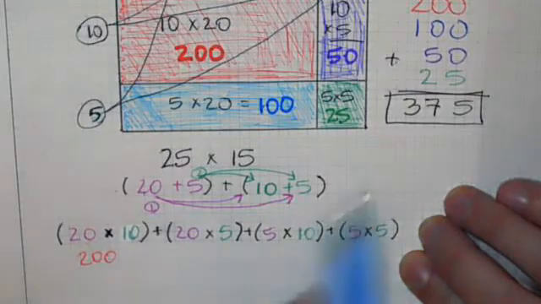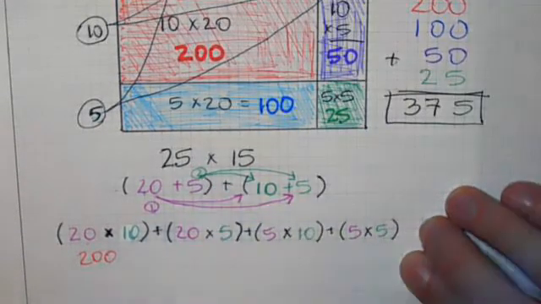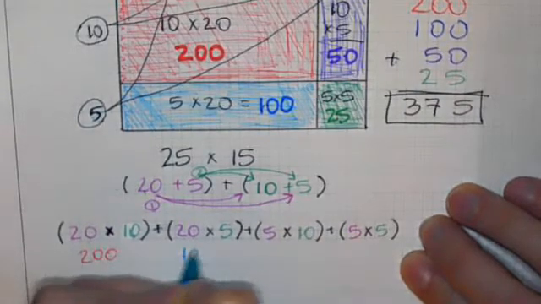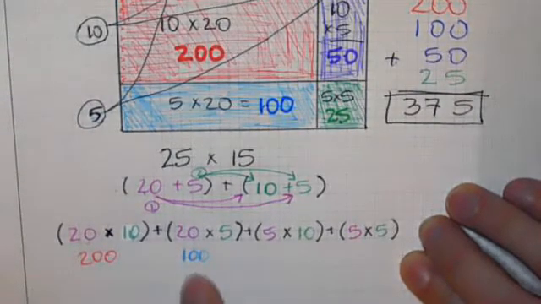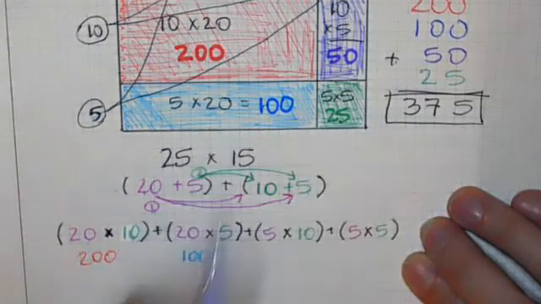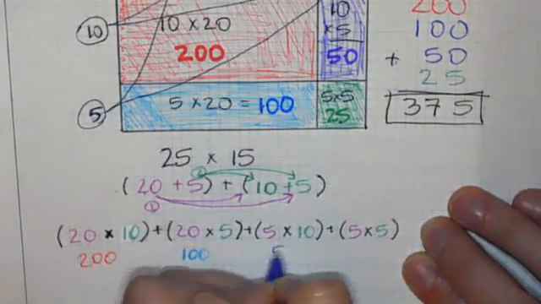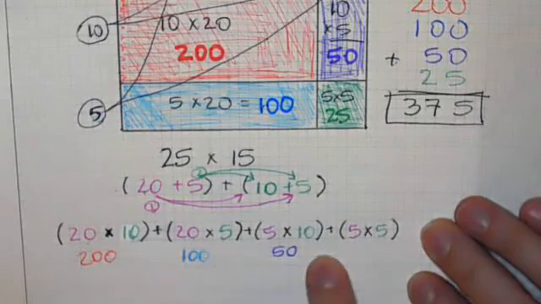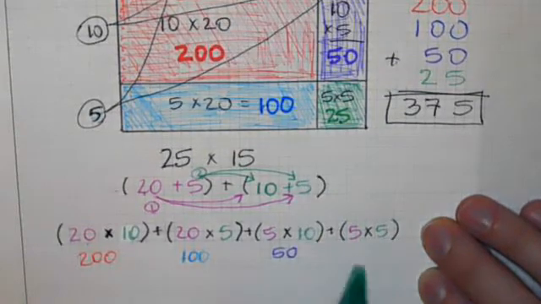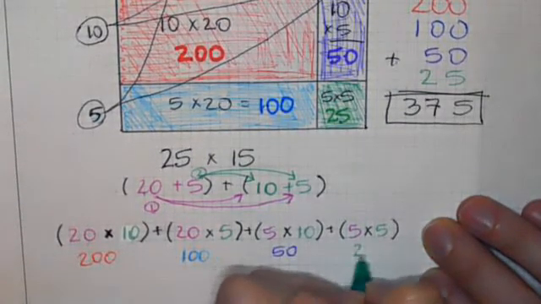I have 20 times 5 right here, and that is 100. 2 times 5 is 10, with another 0 is 100. I have 5 times 10 right here also, which is 50. 1 times 5 is 5, with the 0 in the back. And then last but not least, I have 5 times 5 down here, which is 25.